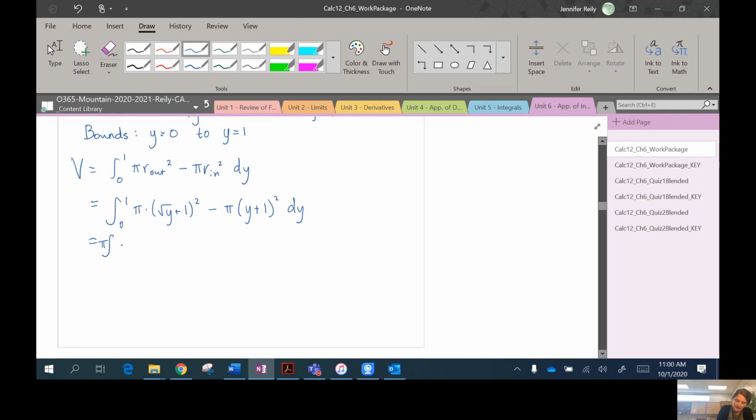So I'll have a pi out here. Root y plus 1 squared, if you expand that all out, you get y plus 2 root y plus 1. And if you expand this one, you get y squared plus 2y plus 1.